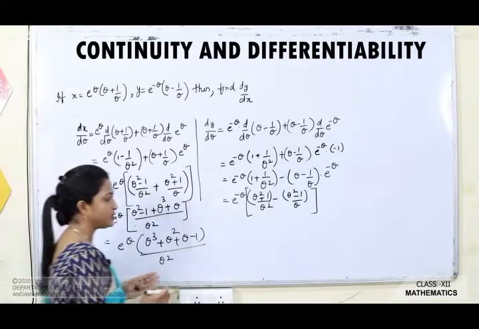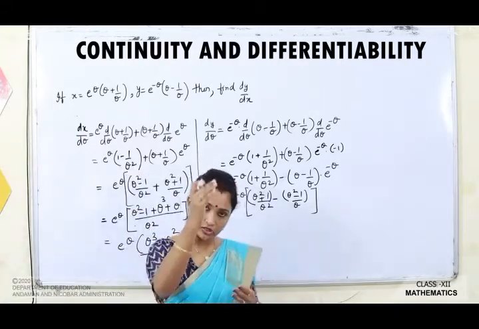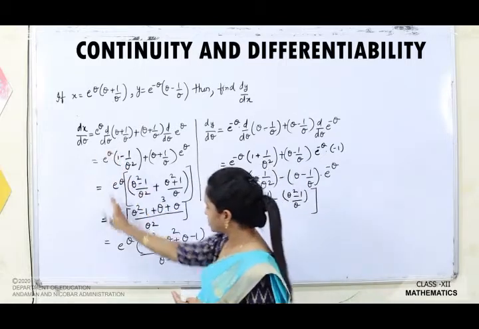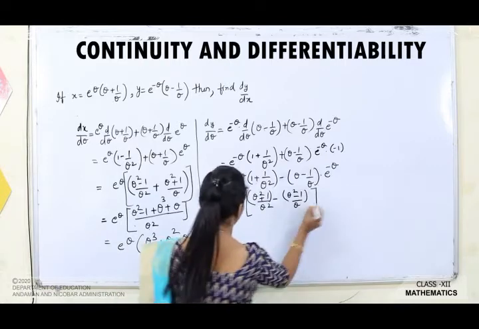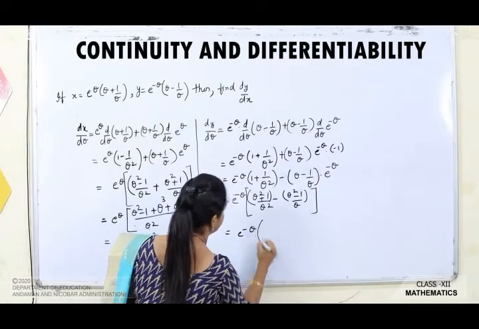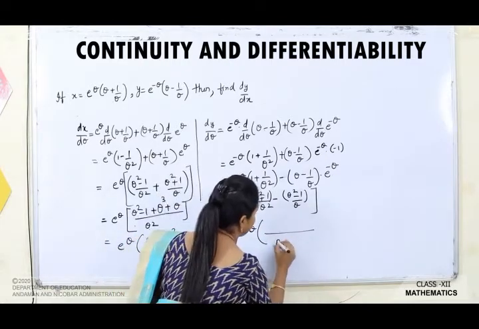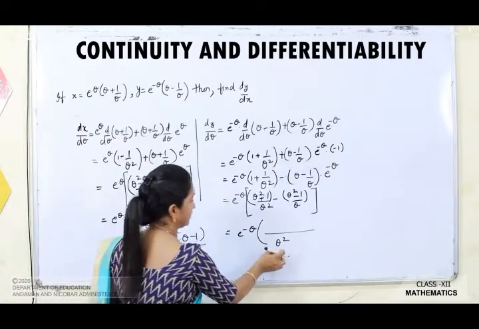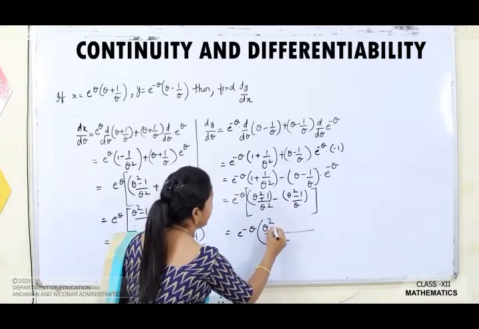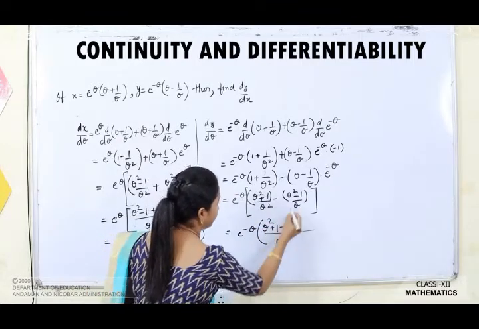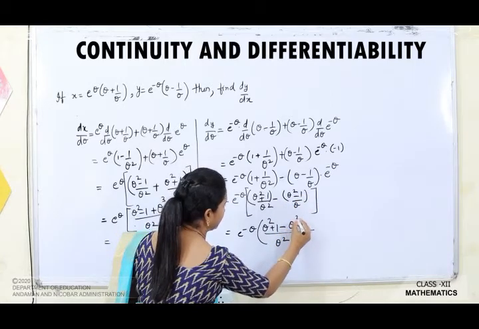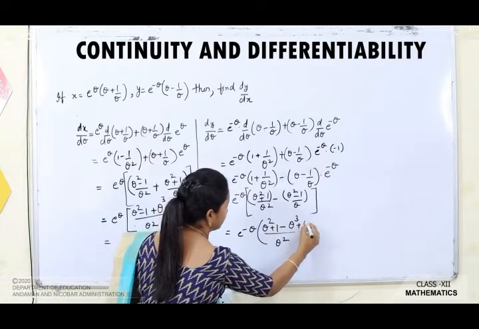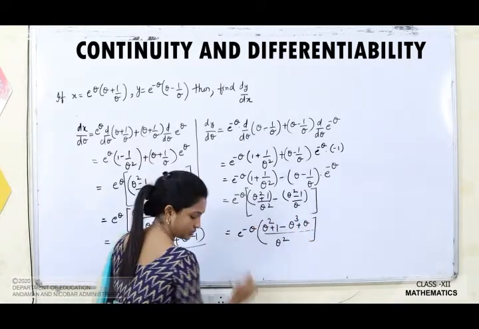It is always better that you first simplify dx by d theta, you have to simplify your answer, correct. Now again same thing here also, you will simplify e power minus theta, again you will take the LCM as theta square. When you take the LCM as theta square, so theta square plus 1 minus 1 theta gets multiplied with these two terms, so it is theta cube and minus minus plus theta, correct.